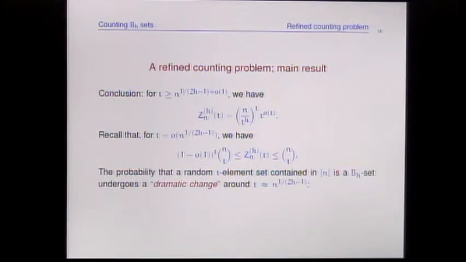As I wrote this, or it's actually written in the paper maybe, it's really a dramatic change. So the probability that you are random, you are BH, goes from just slightly sub-exponential, maybe, to something much smaller.